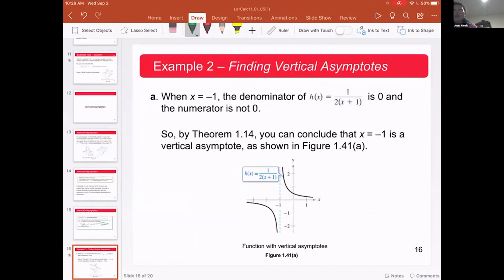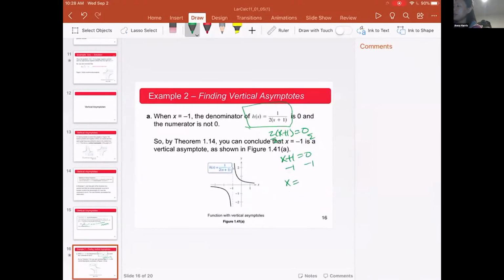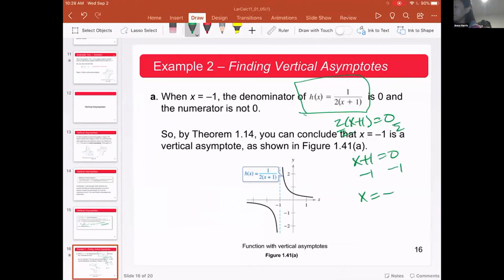So let's look at this problem. H of x equals 1 over 2x plus 1. Look at this problem right here. Which x can you not use and why? I would set 2x plus 1 equal to 0, then divide by 2, x plus 1 equals 0, minus 1, and x equals what? x equals negative 1.